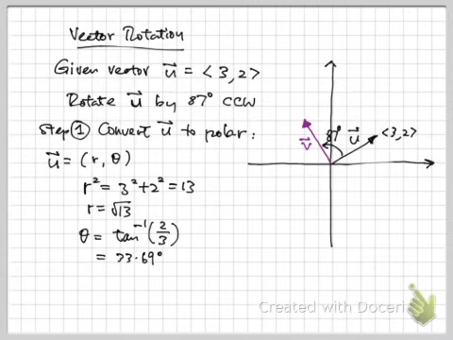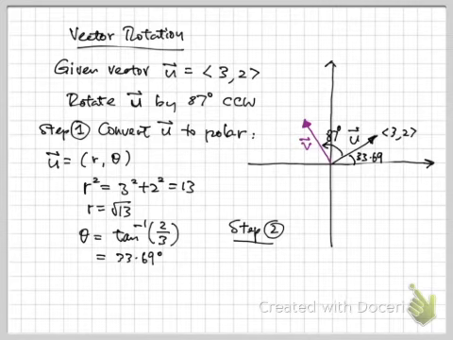Okay, so is that what you got? So we need to find r and theta, and recall from an earlier video that we find r by using Pythagorean theorem. So r would be equal to square root of 13, and we find theta by using the inverse tangent ratio, 2/3. So theta we calculate is 33.69 degrees. So now that it's in polar coordinate, to rotate it is relatively straightforward, because what we know is that this angle for u was 33.69.